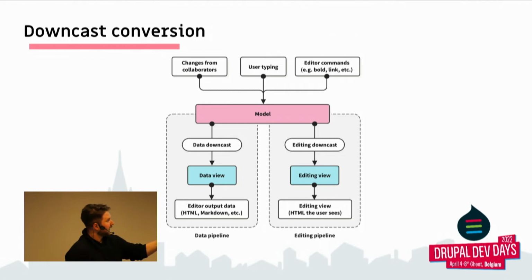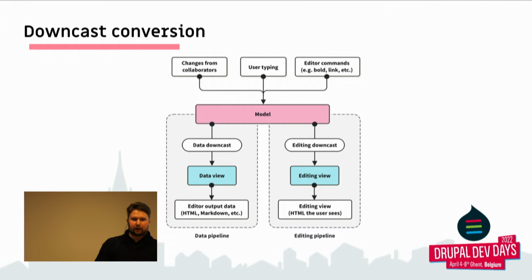Then there's the data downcast, and that is happening when the data that is stored in the database or somewhere else needs to be converted. That could be when you submit the form to save it, or for example, if you want to copy text from the editor somewhere else. That's when the downcast needs to happen also on that part of the model.